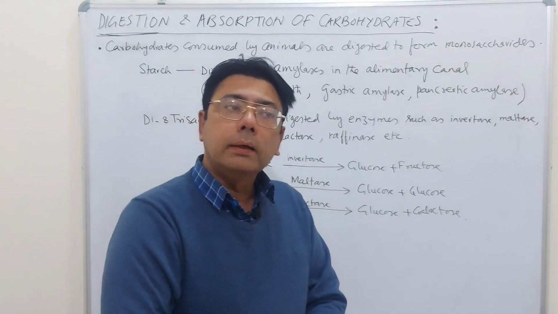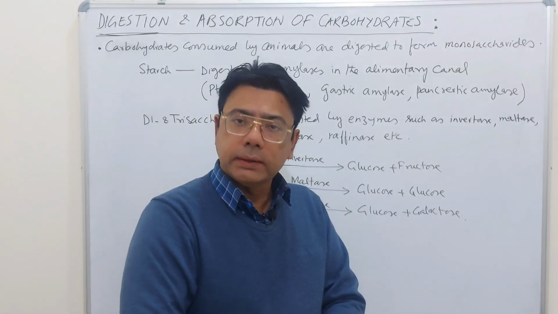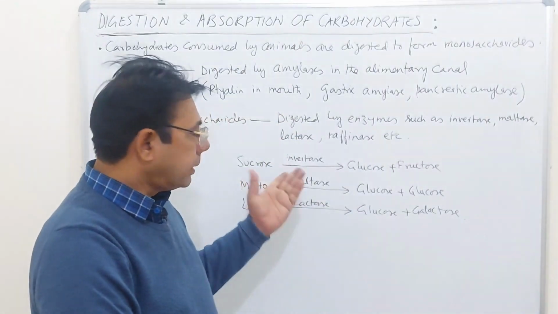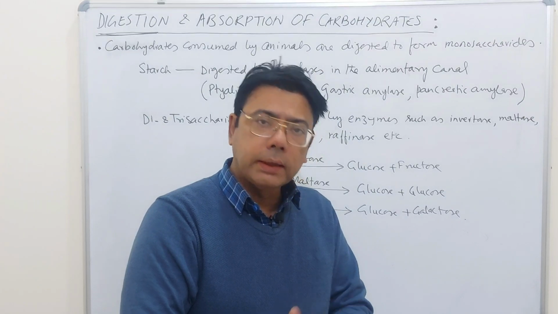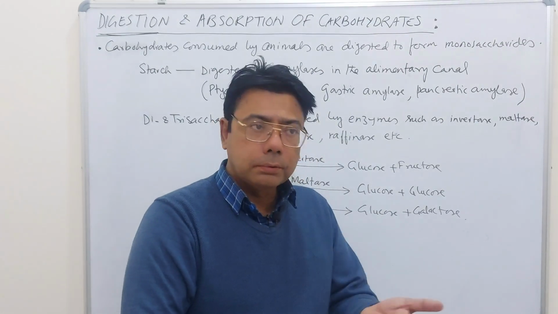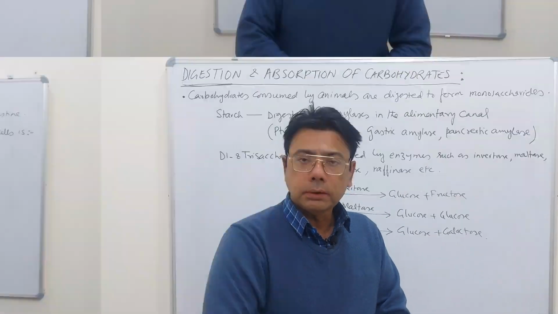And once starch has been digested to smaller pieces, limit dextrins and trisaccharides or disaccharides, then they are digested by enzymes such as invertase, maltase, lactase or raffinase, etc. You know that invertase digests sucrose into glucose and fructose, maltase digests maltose into two glucose molecules, and lactase digests lactose into glucose and galactose.